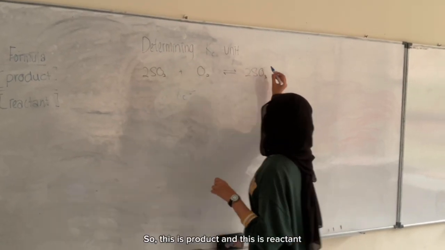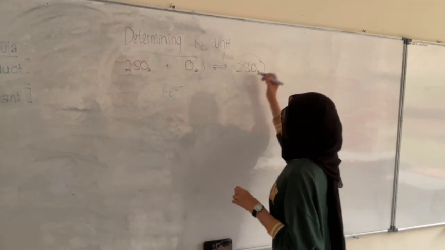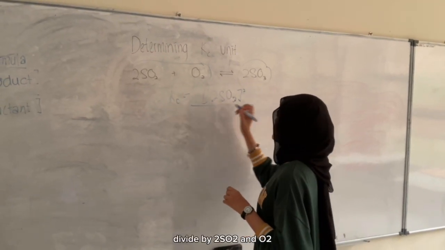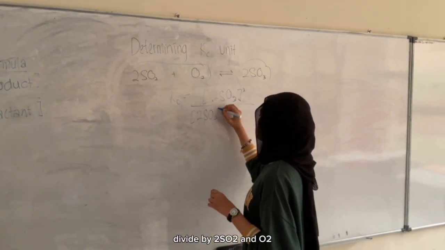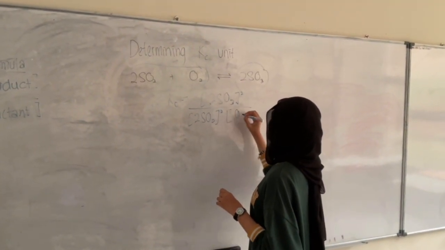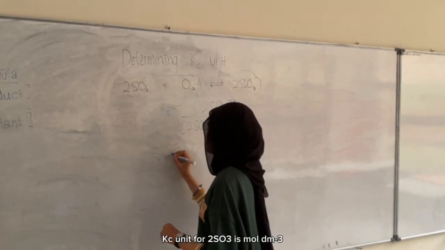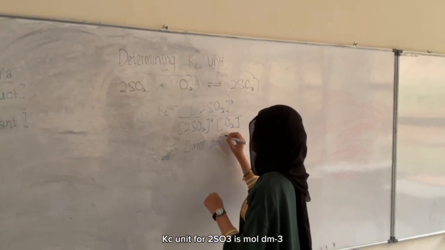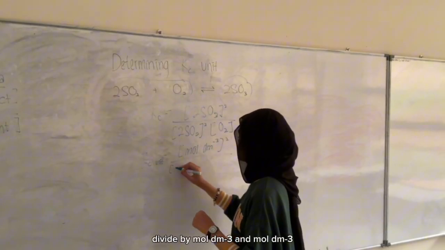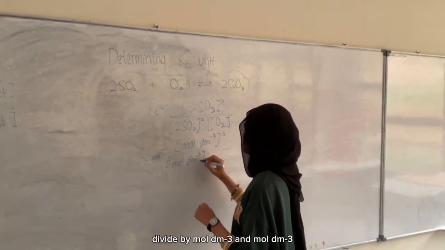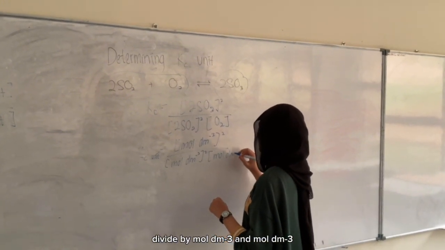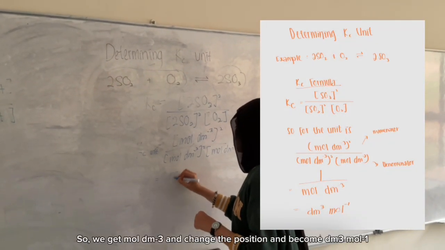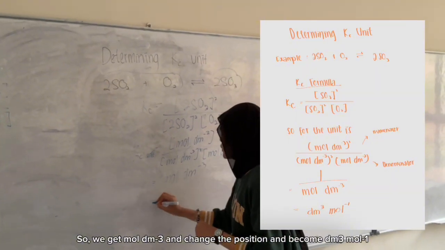So this is the product and this is the reactant. The product is [SO3]^2 divided by [SO2]^2 [O2]. The Kc unit is mol^2 dm^-6 for SO3, divided by mol^3 dm^-9, and the moles and dm cancel, so we get mol^-1 dm^3, and we change the position.